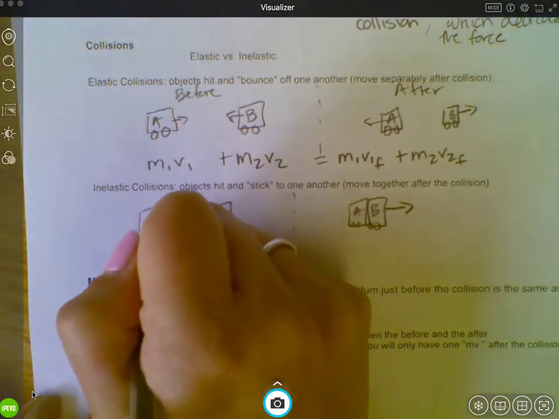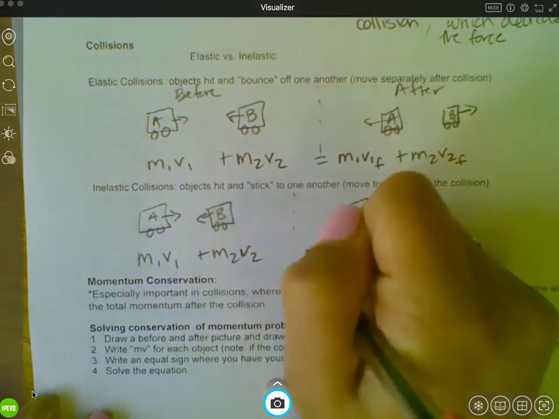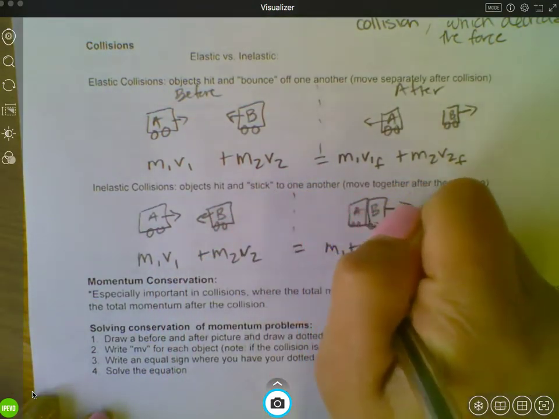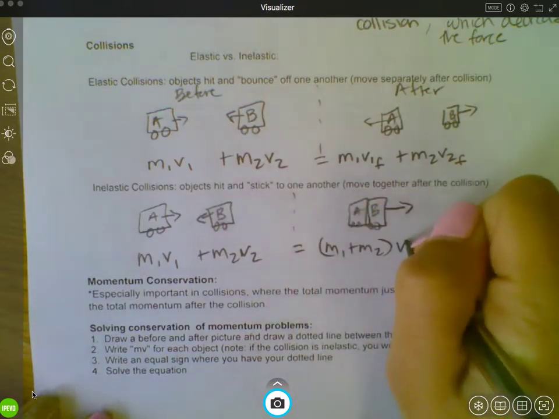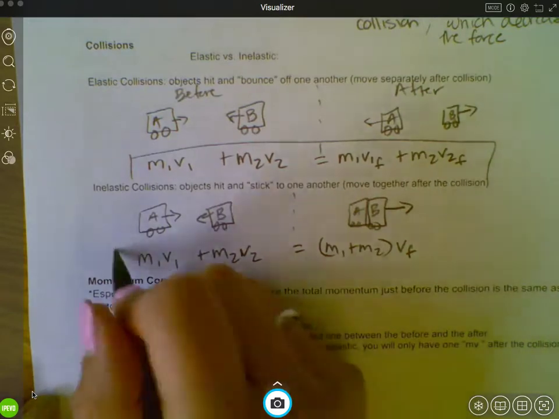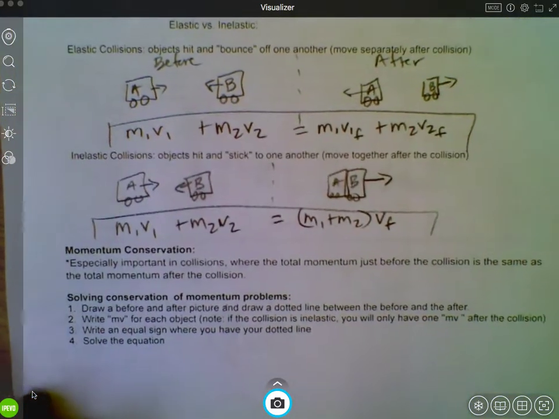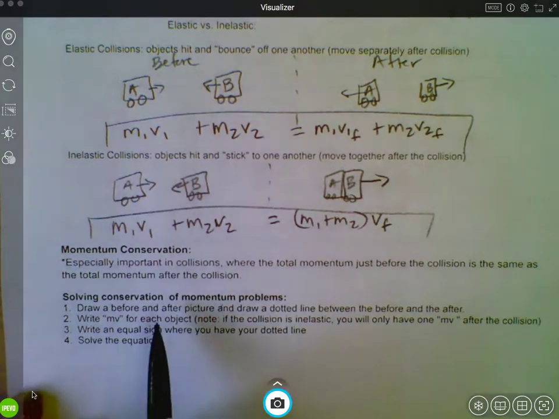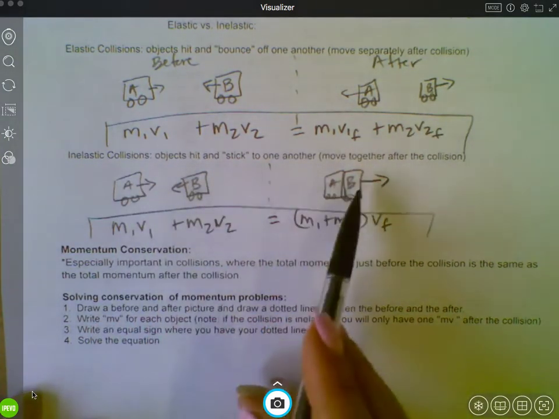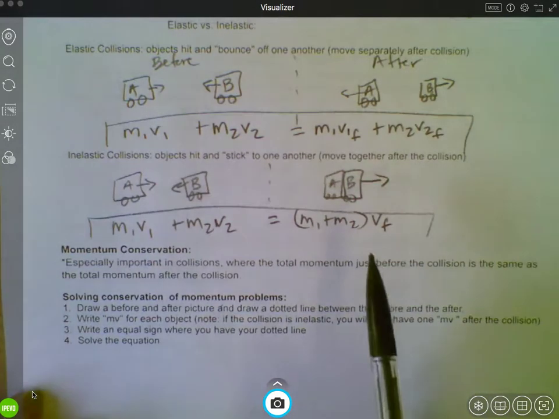This would be m1 v1 plus m2 v2 equals (m1 plus m2) v final. These are the actual equations if you were to write them out, but I really insist that you do the picture thing and then just write mv for each object, and it will come out correct every time. That way you don't have to memorize equations.